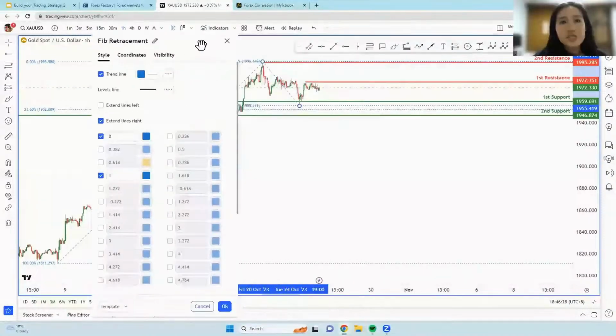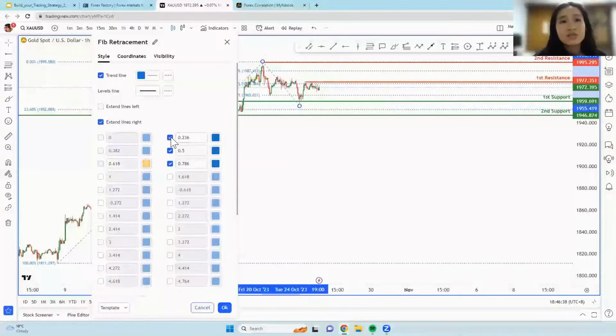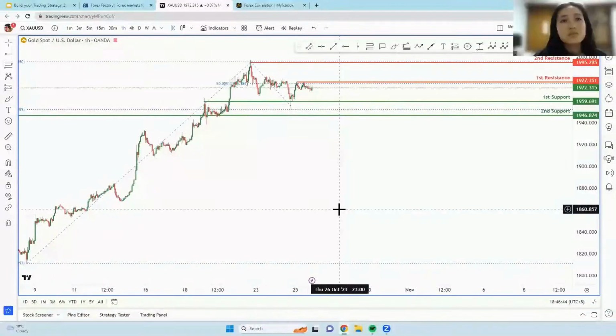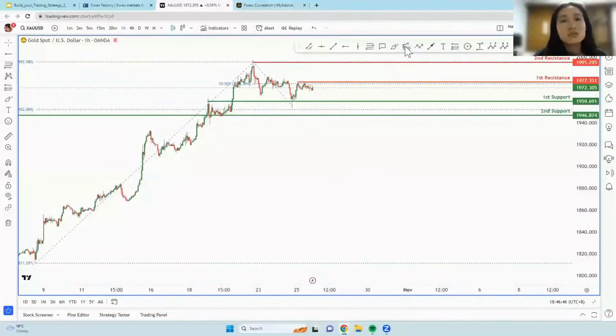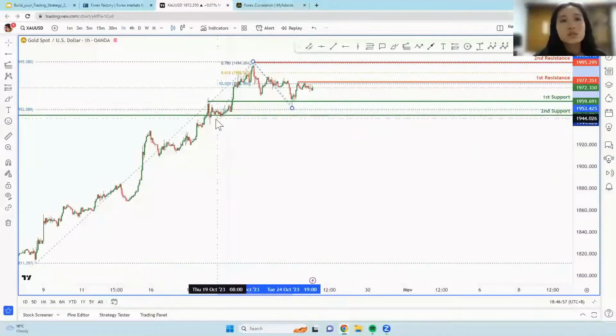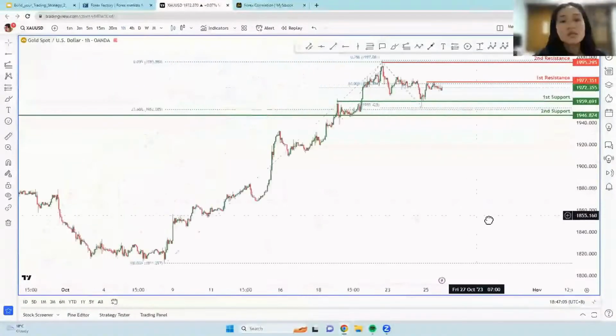Okay, I'm looking for a retracement. So for retracement, we use these 5 levels. Okay, and I can see my 50% lines up with my first resistance. Okay, my 78.6 also lines up with my second resistance.